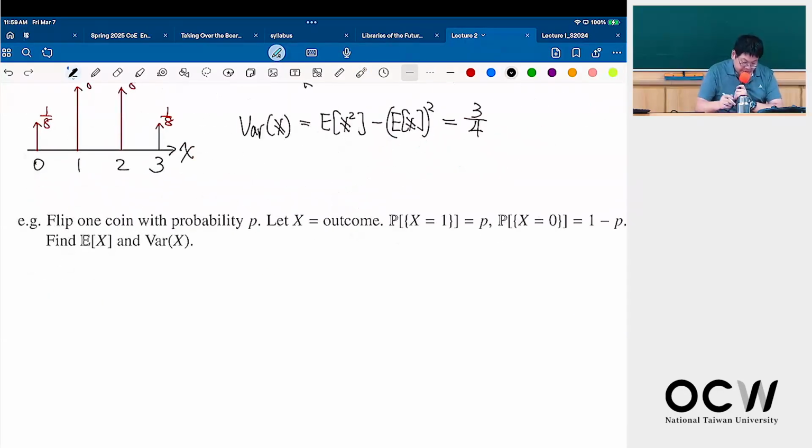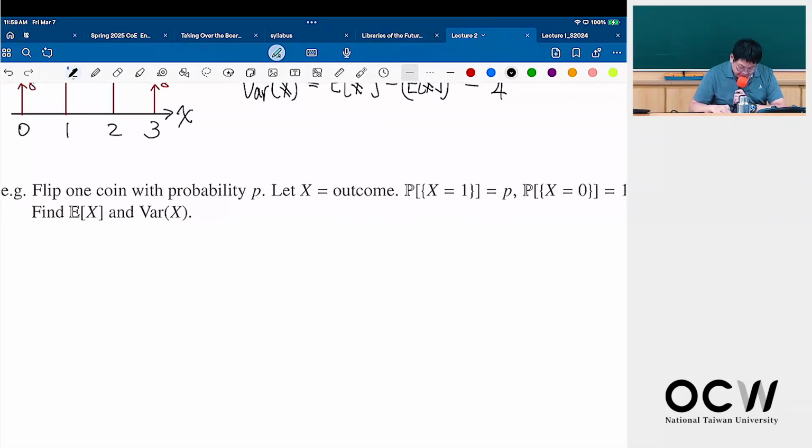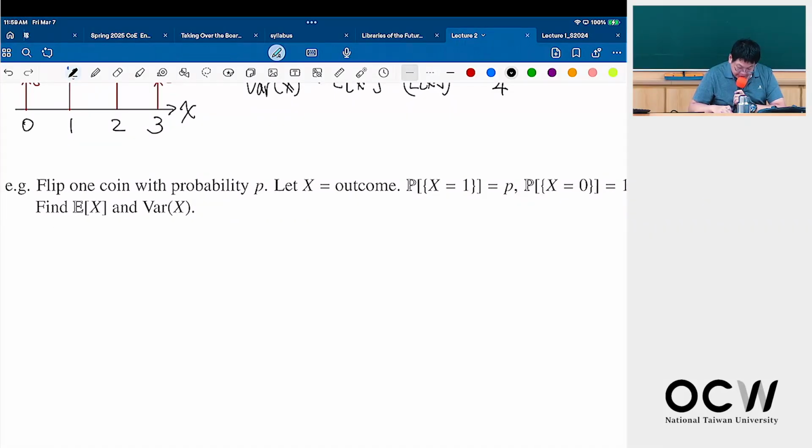So how do we find the mean and variance? In this case, we have either 0 or 1, and this is the PMF: 1 minus P for 0, and P for 1.